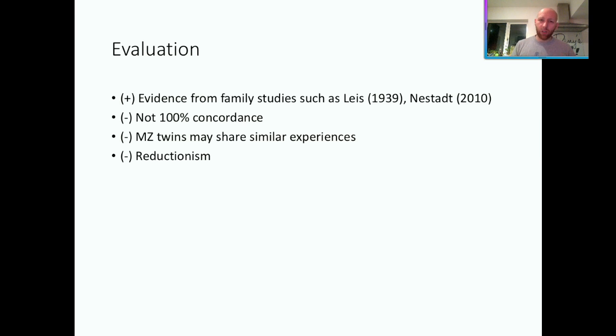So it's a very biologically reductionist approach. Try to be specific with this stuff, don't just say reductionism. A more suitable explanation would be a diathesis-stress approach, which says that yes, you have a biological propensity to develop OCD, but you need the right, or in this case wrong, environmental conditions to trigger it.